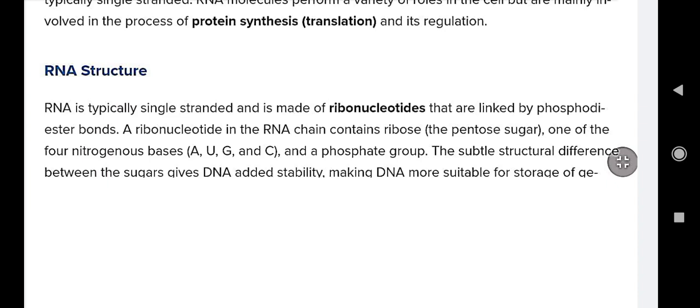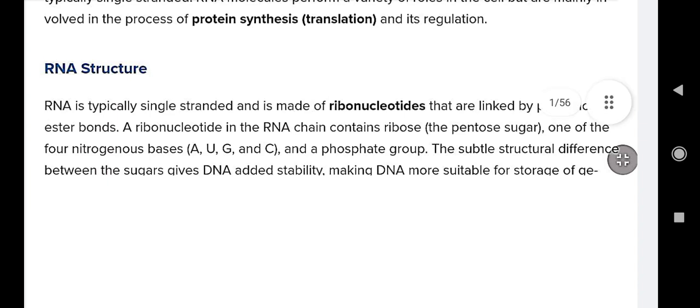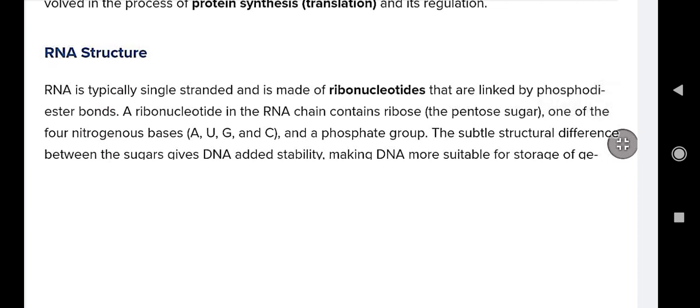Yes, an RNA ribonucleotide does not contain thymine. Instead of thymine, there is uracil. A little structural difference at the 5th position of thymine leads to the formation of uracil.